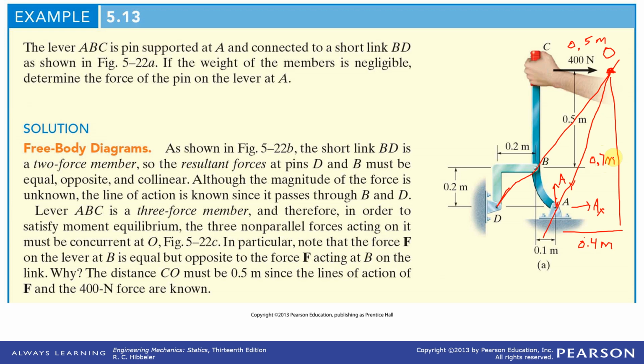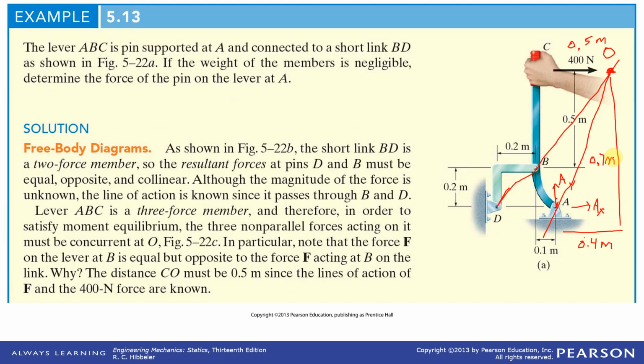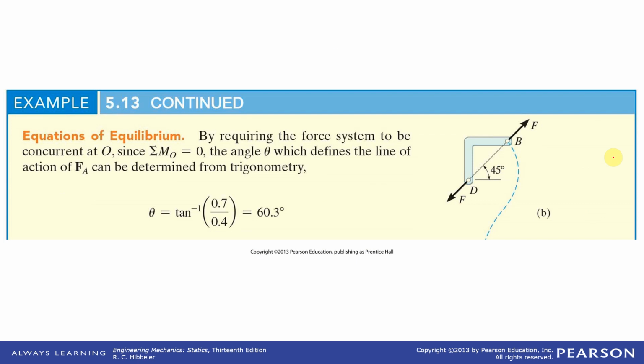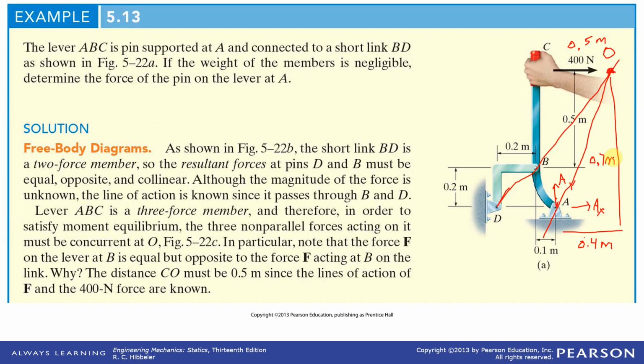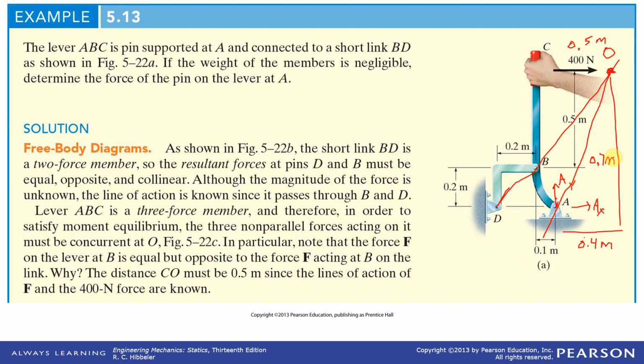So now it's pretty much just getting the angles all right. The angle F. The line of action of F_A, and let's see. Yeah, F_A is the vector acting on point A. The line of action, 0.7 over 0.4. This will give us theta.